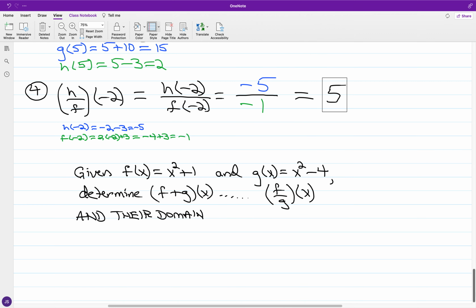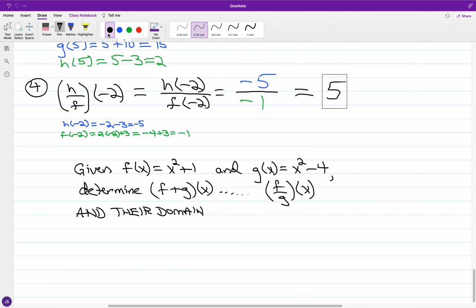Okay. All right. So just setting up what we have here. Okay, so you have f of x is equal to x squared plus 1. G of x is equal to x squared minus 4.